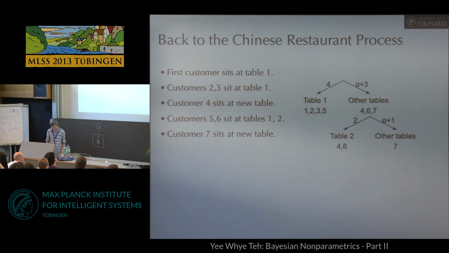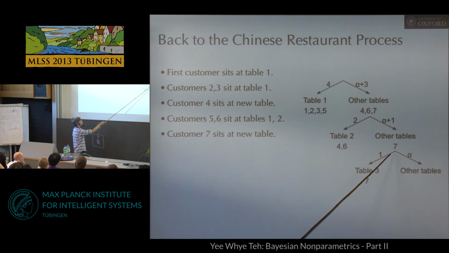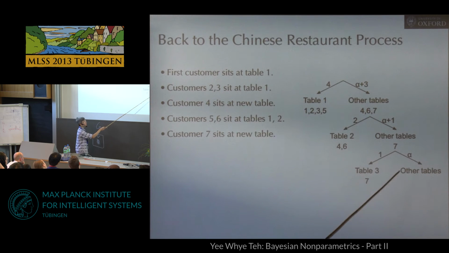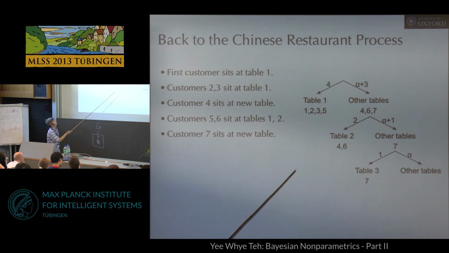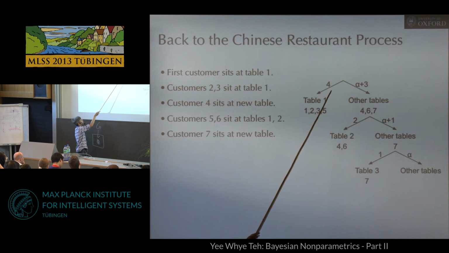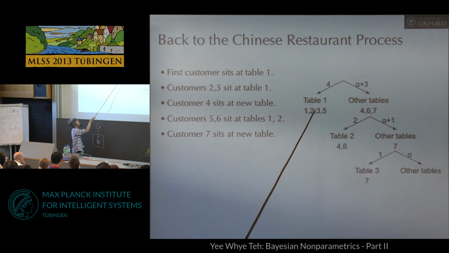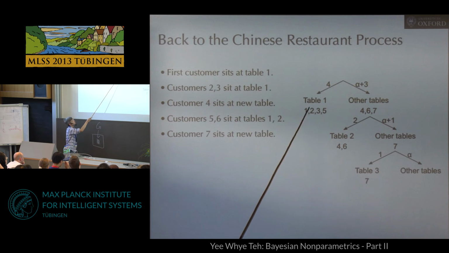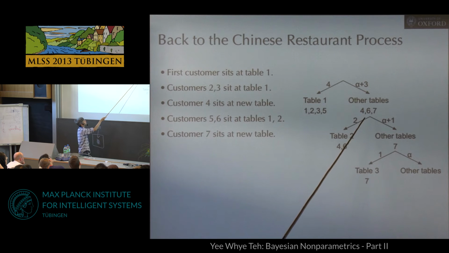Of course, customer 7 sits at a new table here, so we create a new table for customer 7 and a new decision point in this diagram. For customer 8, we start off at the top and say with probability proportional to 4, it sits at table 1. With 1 minus that probability, it sits at another table.